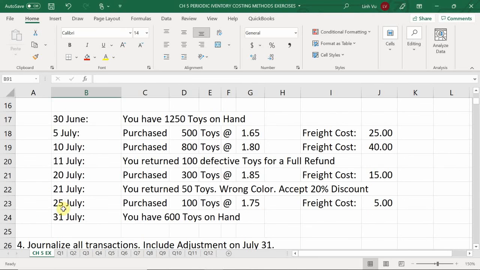So then on June 25th, already? Actually, no, sorry, I skipped ahead. On June 20th, we purchased an additional 300 toys at $1.85 each with a freight of 15.